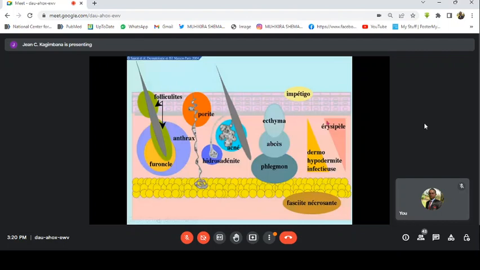Looking at the skin, you have the surface of the skin, which has odors. Then the infection most of the time is at the upper dermis. Then they need cellulitis.